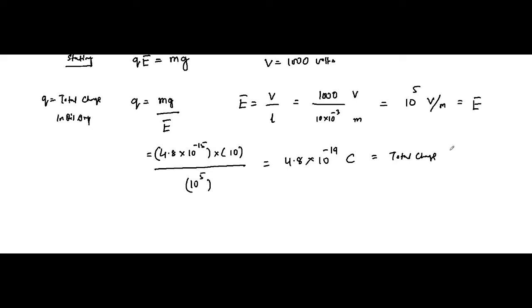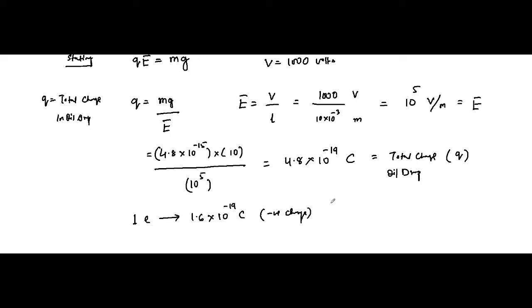Now we have been asked to find the number of electrons. Now we know one electron contributes 1.6 into 10 to the power minus 19 coulomb. Okay, one electron, that is one negative charge.